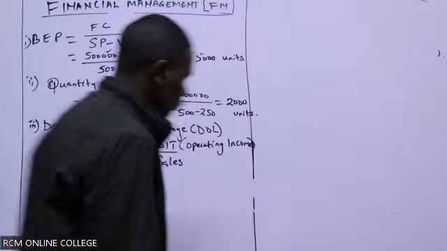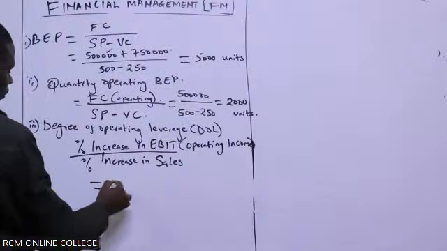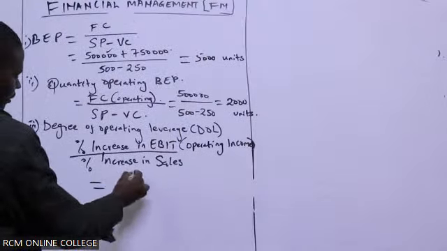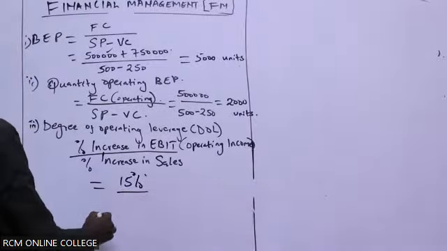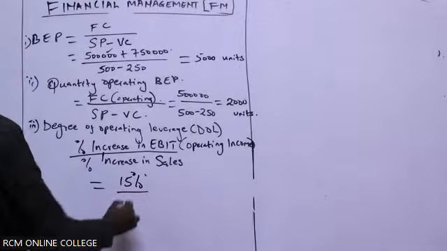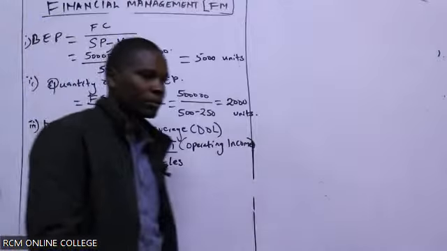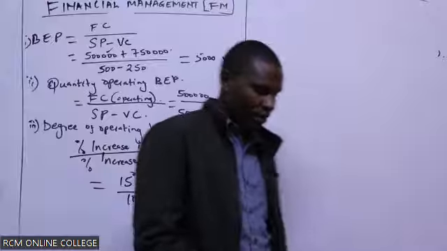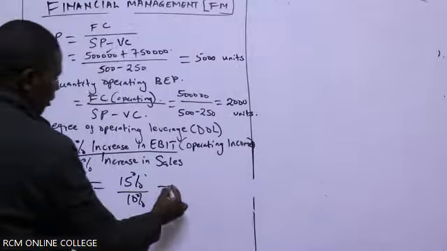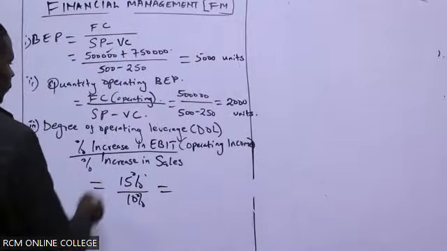Sasa, hiyo unachukua the percentage given. So, it will be 15% divided by, ina ingine ina increase na ngapi? Ina increase na 10%. Like that. And you are done. So, you give me the degree of operating leverage.